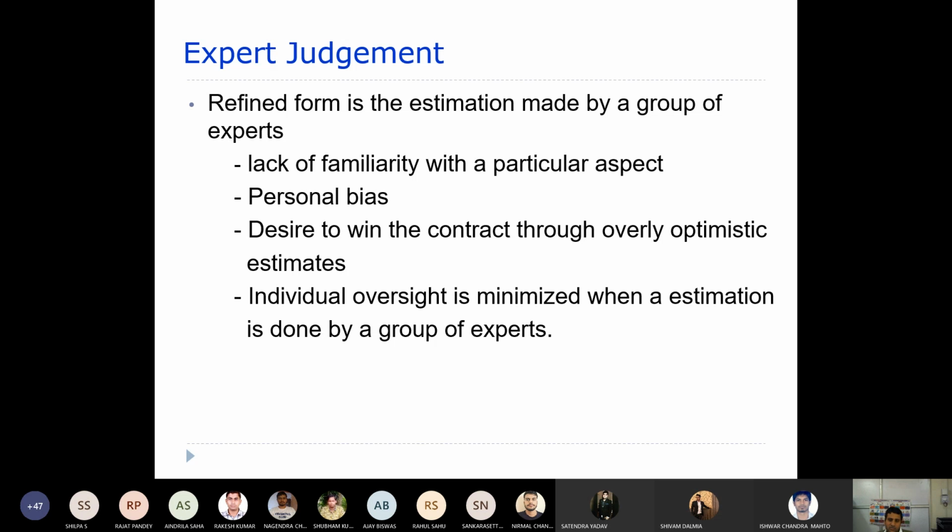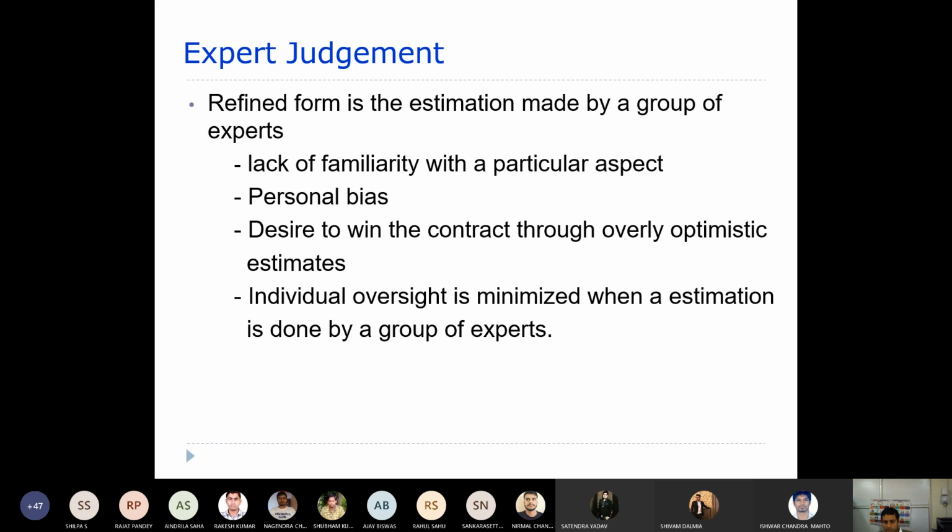Even if an estimation is done by a group of experts, still the problem will be there. Inadvertently you're going to miss a few aspects, but yes, that will be minimized, because here many people are involved.